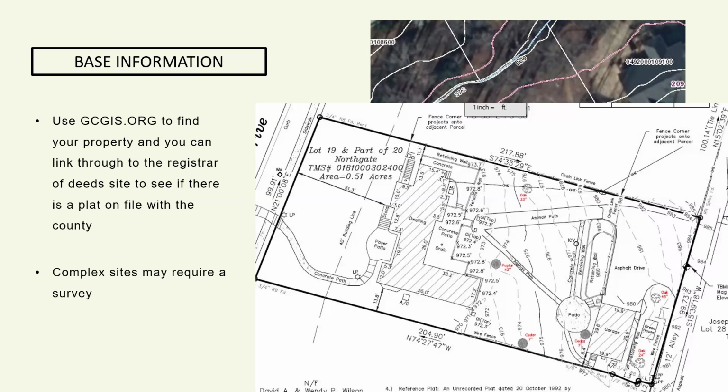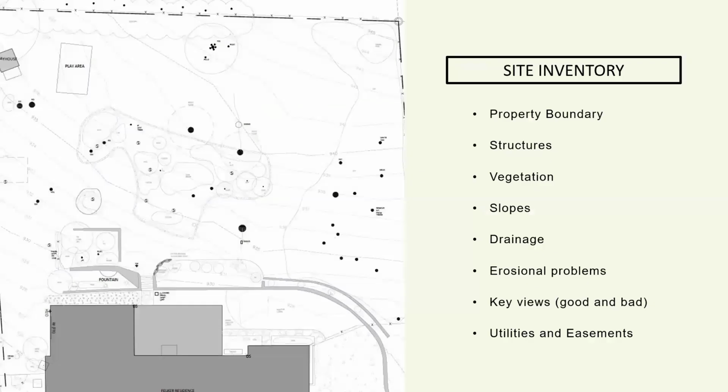Sometimes that's the right idea if you've got a larger property or a more complex design that you want to execute over time. If you're looking out of your back door at a small yard and that's it, you can probably skip these steps and just do some on-site measuring.